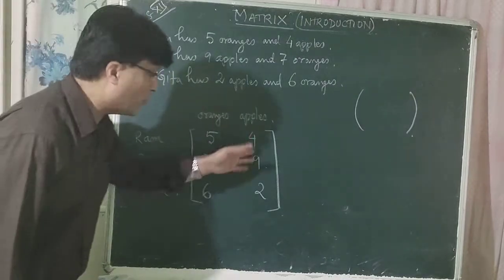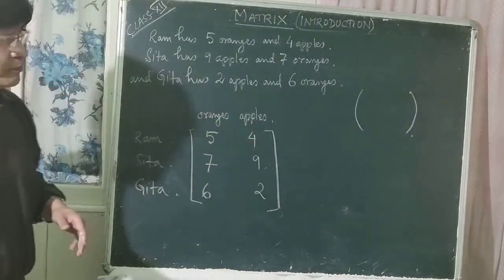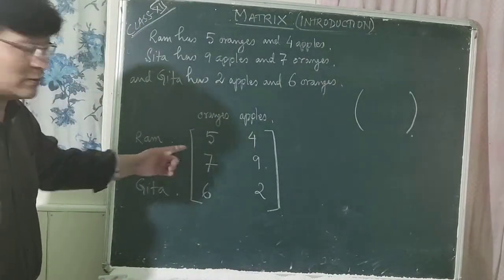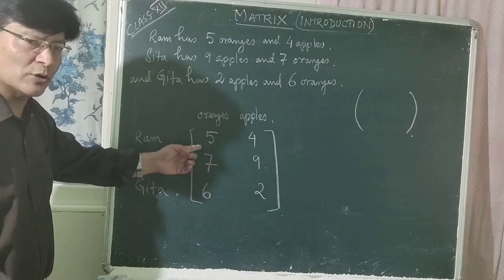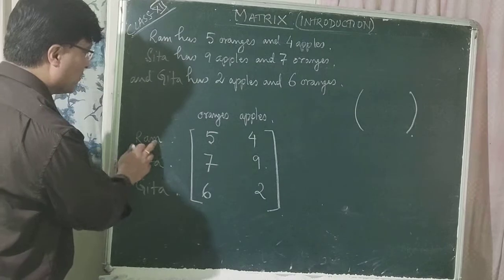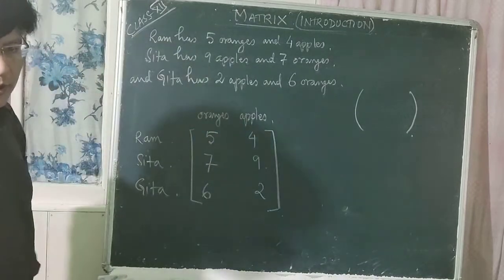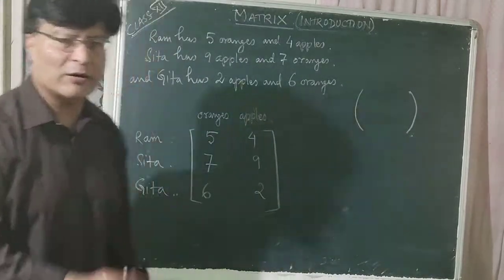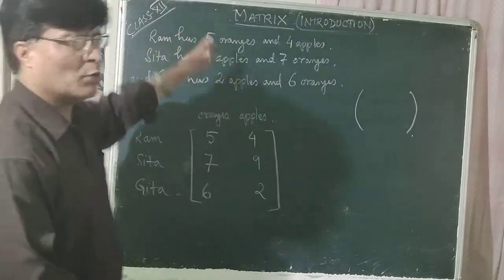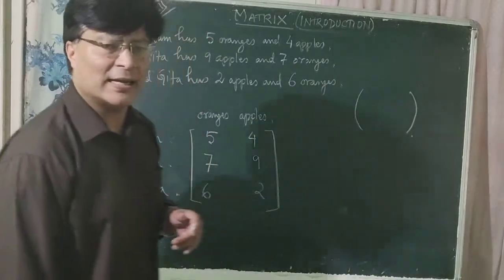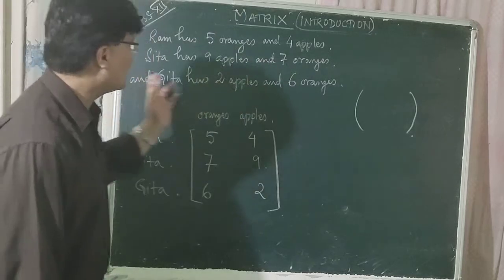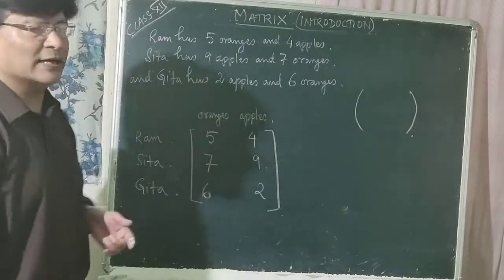So this is the quick way. Quick way means you can easily say how many oranges does Ram have? 5 oranges. You can immediately say that. Now from the sentences, how many apples does Geeta have? You have to see the first sentence, the second sentence, and the third sentence and say that Geeta has 2 apples.